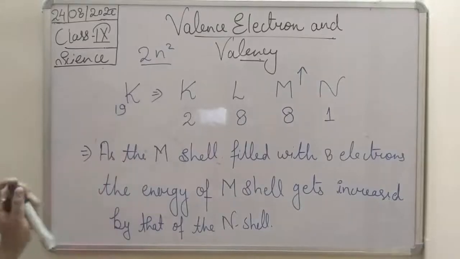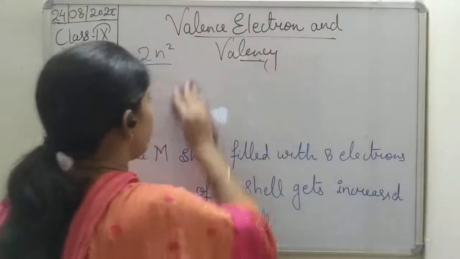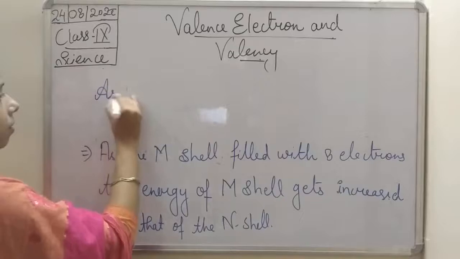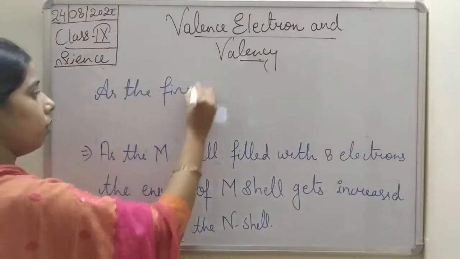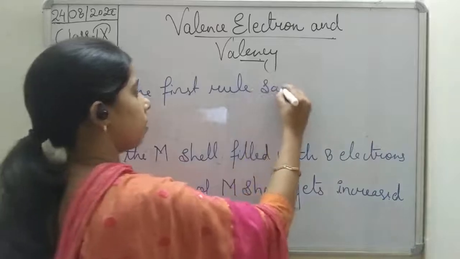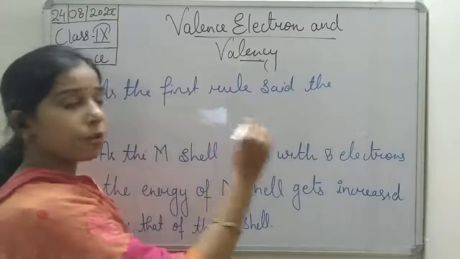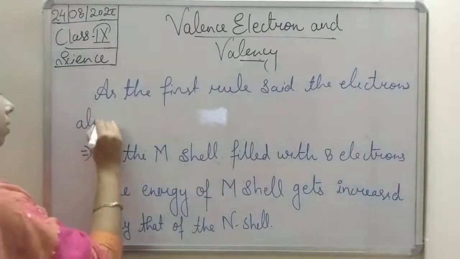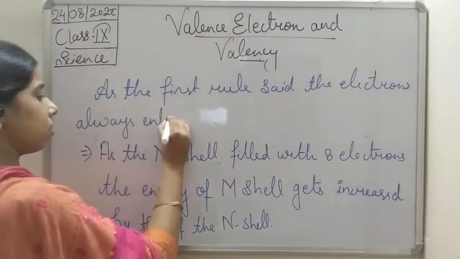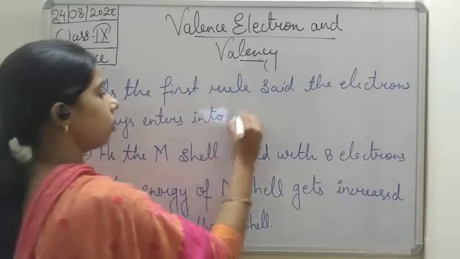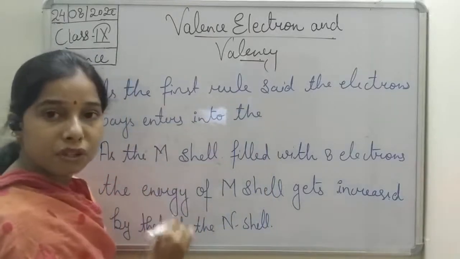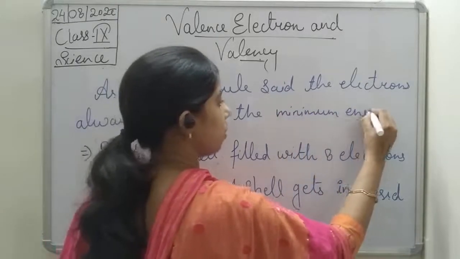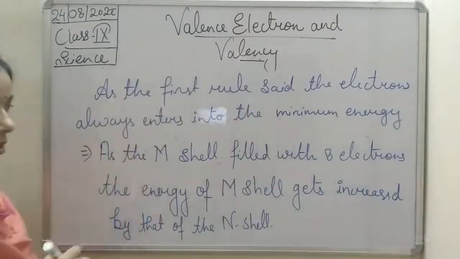And as we know, students, the first rule said that electrons always enter into the minimum energy shell first.